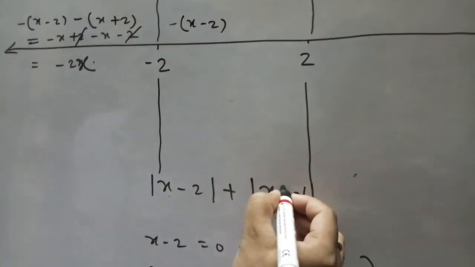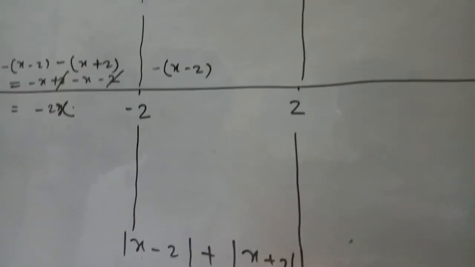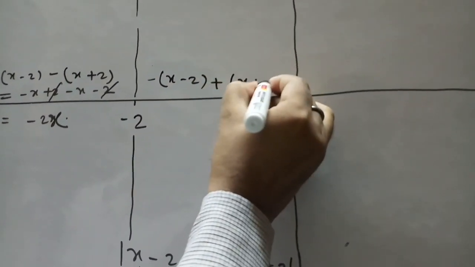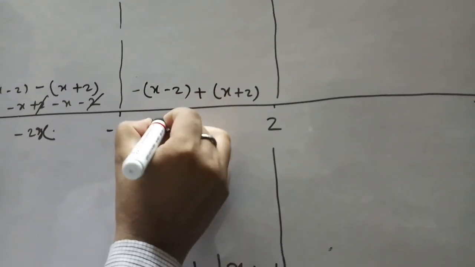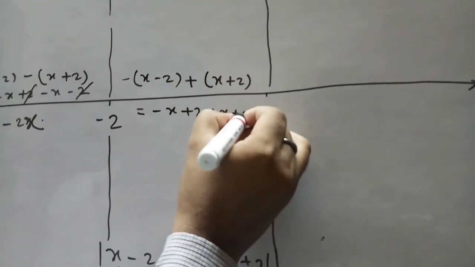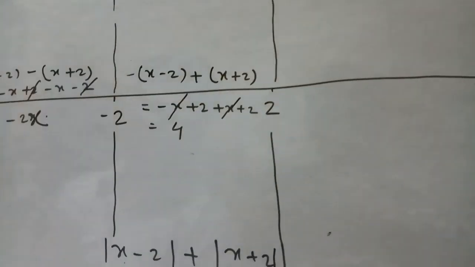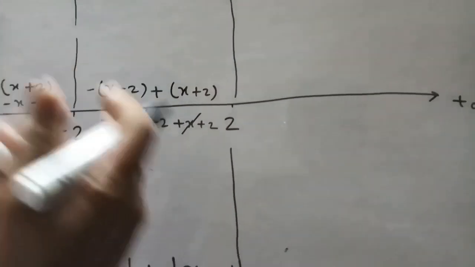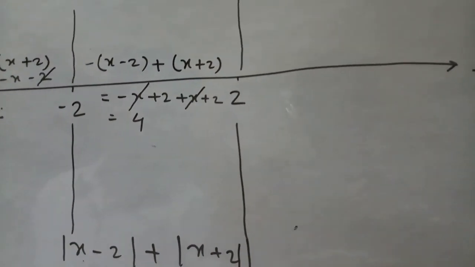And x plus 2 is 0 plus 2, which is positive, so plus of x plus 2. After simplification, minus x plus 2 plus x plus 2 equals 4, because minus x and plus x cancel. So this value 4 holds in the interval minus 2 to 2.